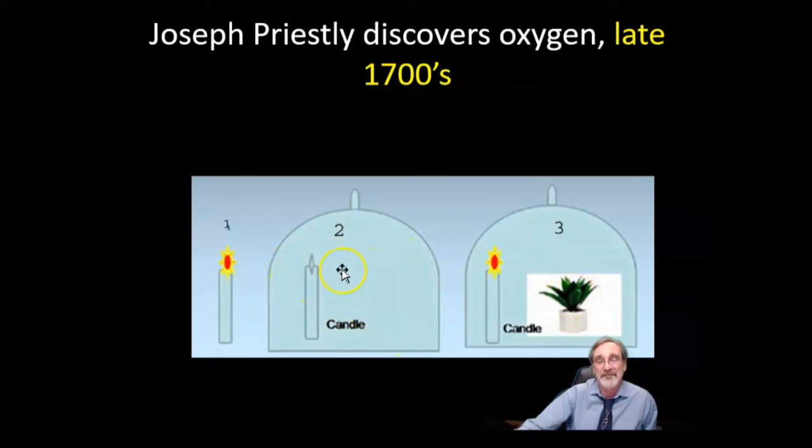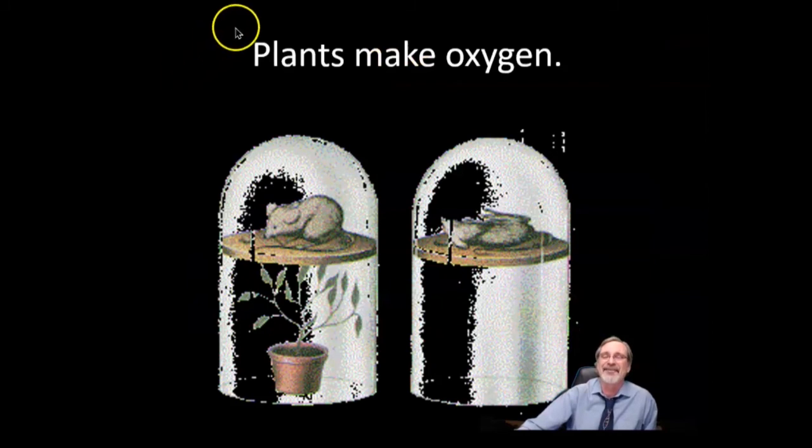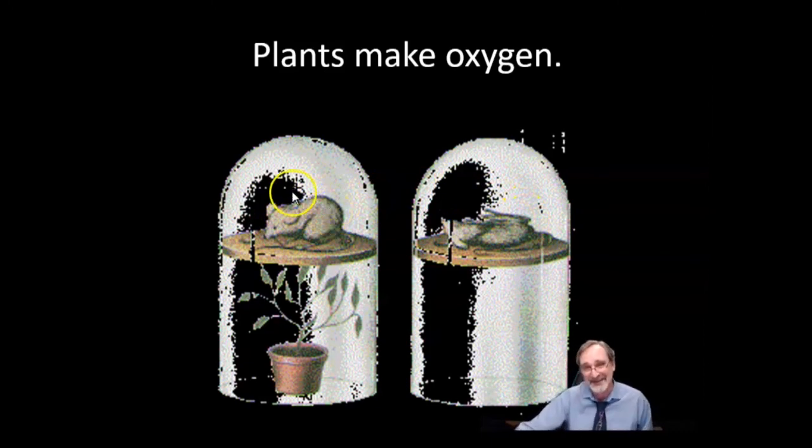So you know that the flame needs oxygen, and you also know that the plants produce oxygen. Well, Joseph Priestley is the guy who discovered that. He also discovered not only do plants make oxygen, but that's the same gas that animals need. Here you have a nice happy mouse with a plant making oxygen for it to breathe.